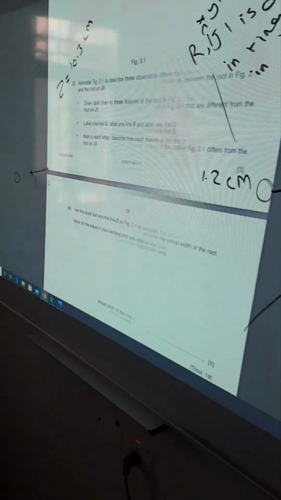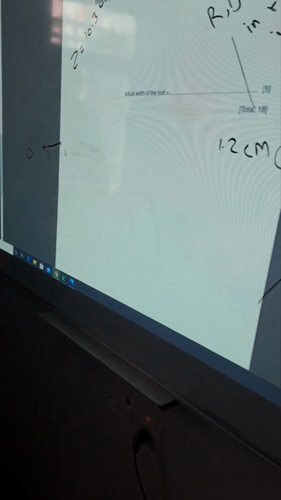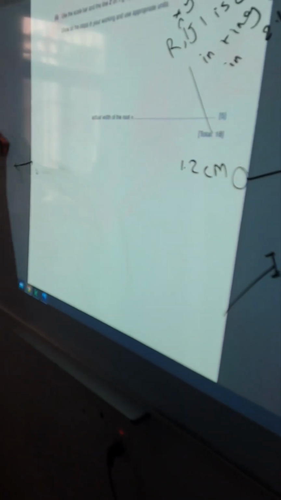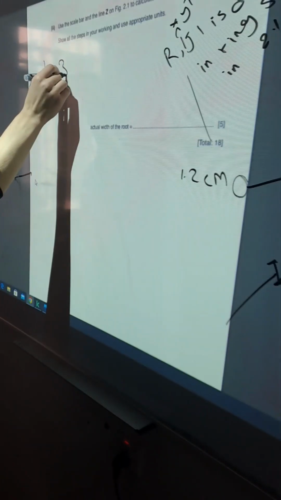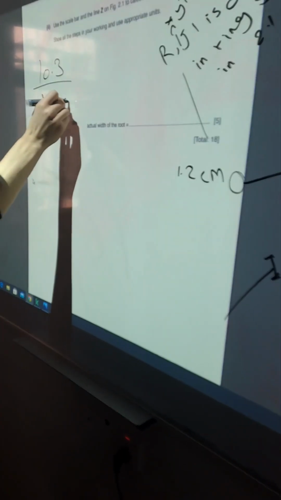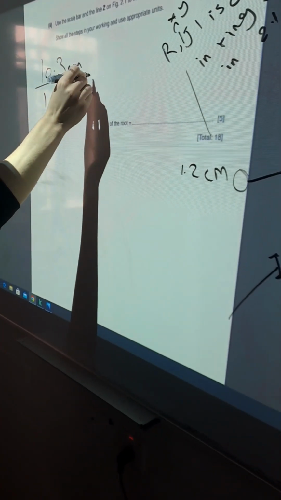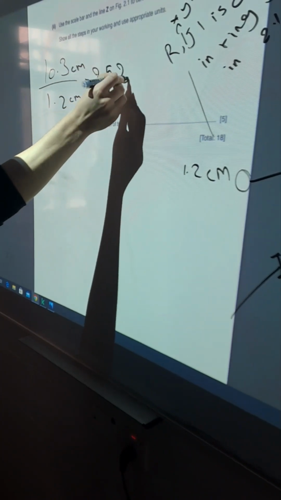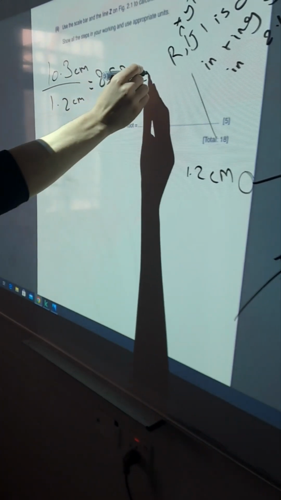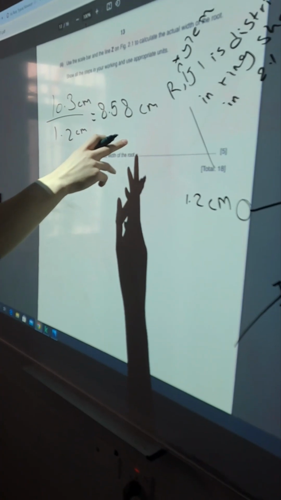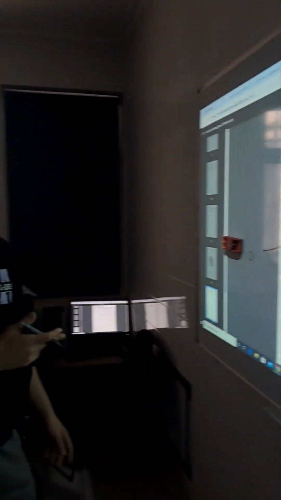Can you show us, Ahmed, how you calculate it? So 10.3 divided by 1.2 centimeters to make a ratio between those two lines. 8.58, which means 8.58 pieces can fit into the line Z.